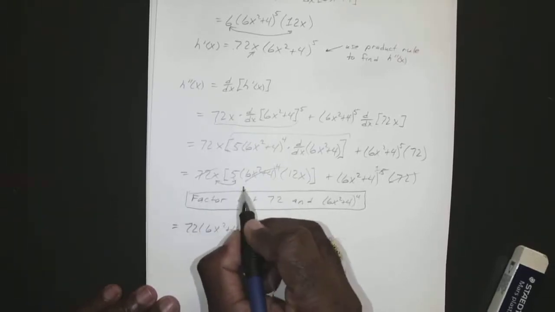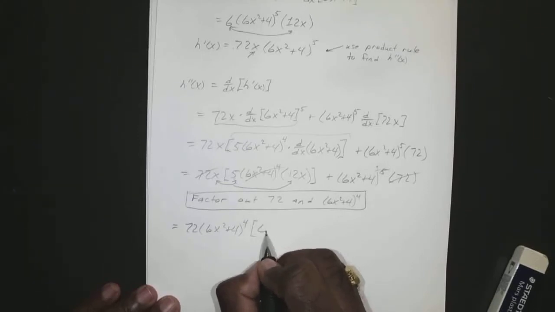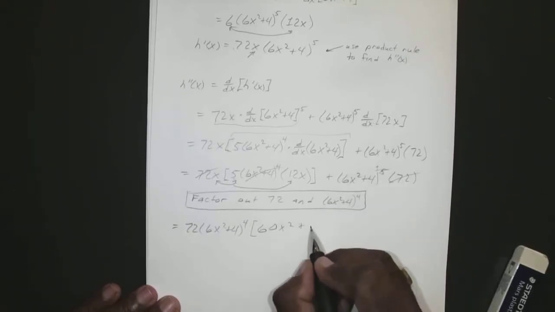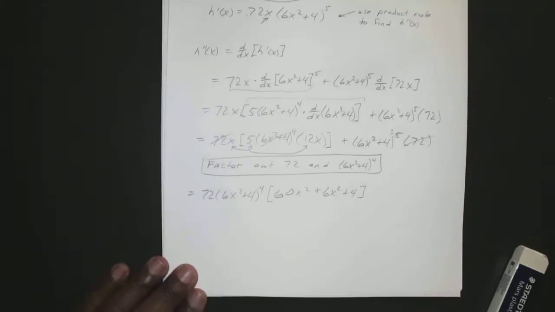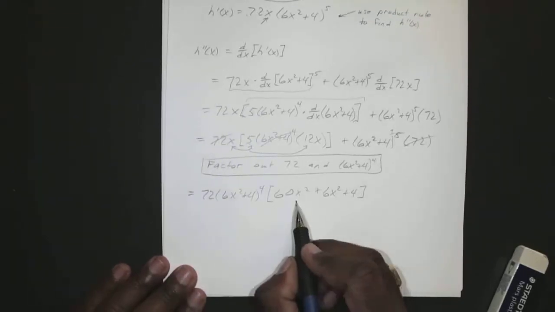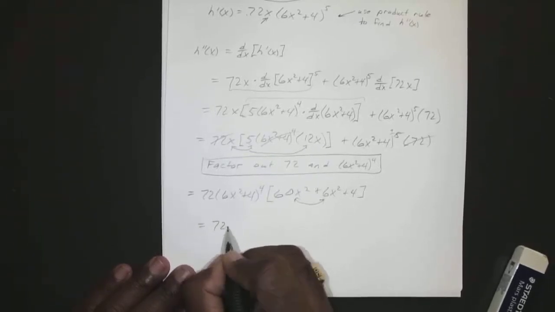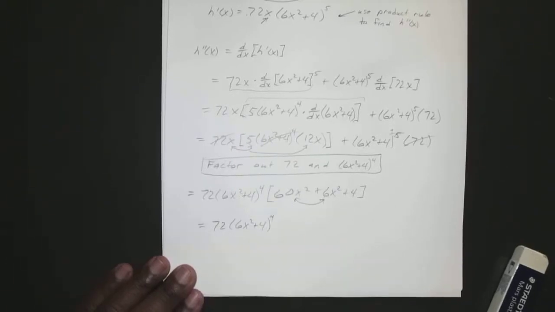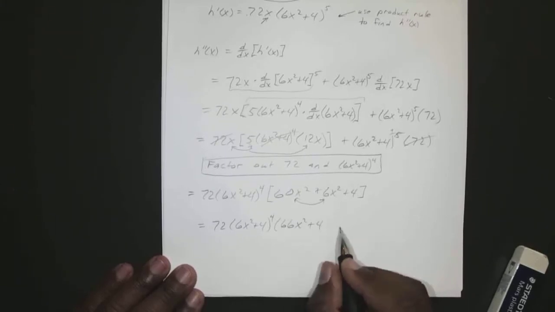Can't forget about that one, which, as you can see, it's really easy to do. So you have 60x² plus (6x² + 4)^1, which is just 6x² + 4. Okay, so we can go ahead and just combine those two. So that equals 72 times (6x² + 4)^4 times (66x² + 4).